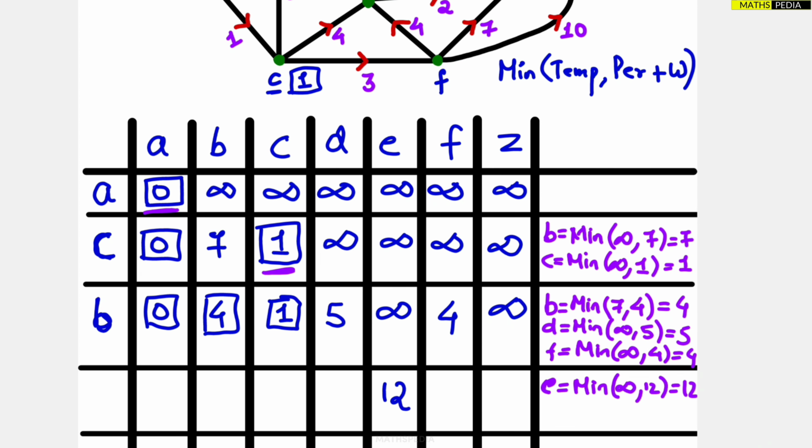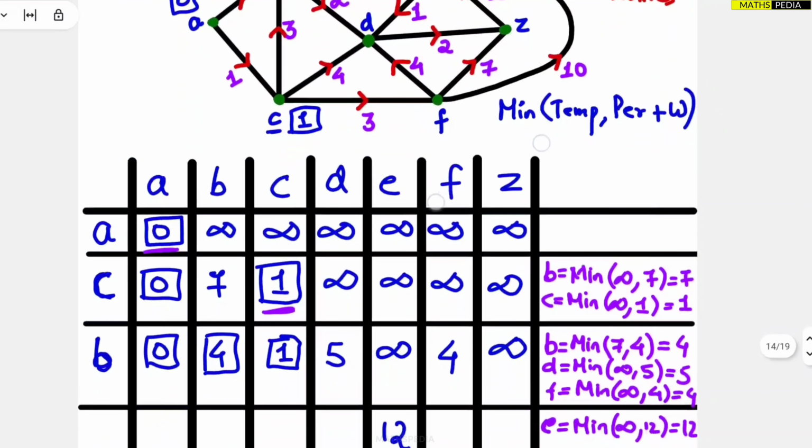Now next thing we have to calculate: B is connected to D also. So I will calculate for D also. D is equal to minimum value of temporary variable of D. If you observe it is 5, comma, permanent label it is fixed. It is 4 only, we cannot take. We can take only 4 because with respect to B we are calculating, right?